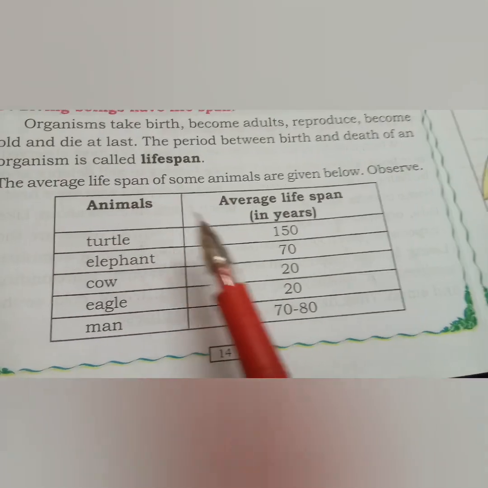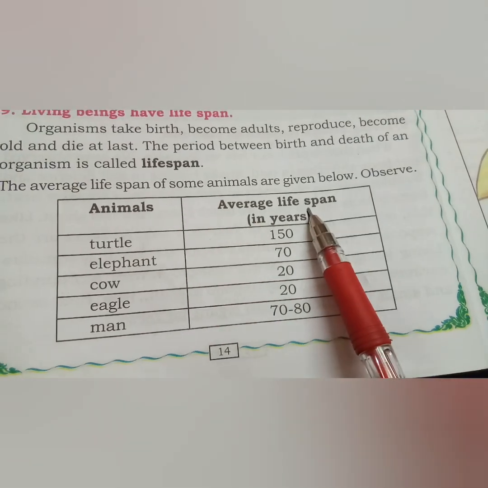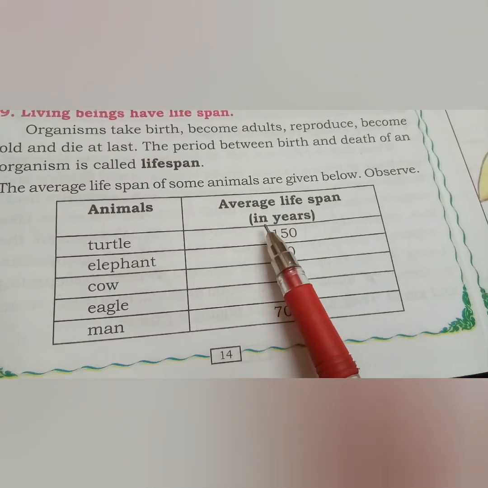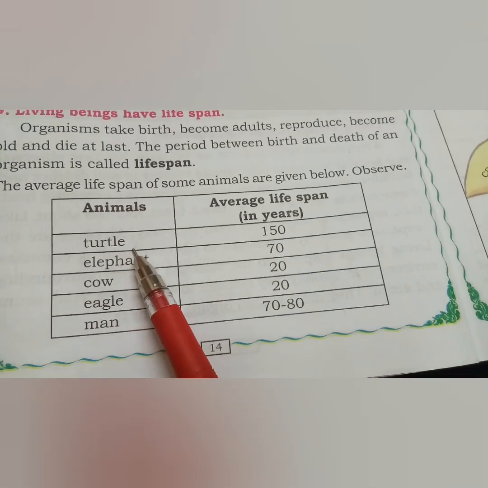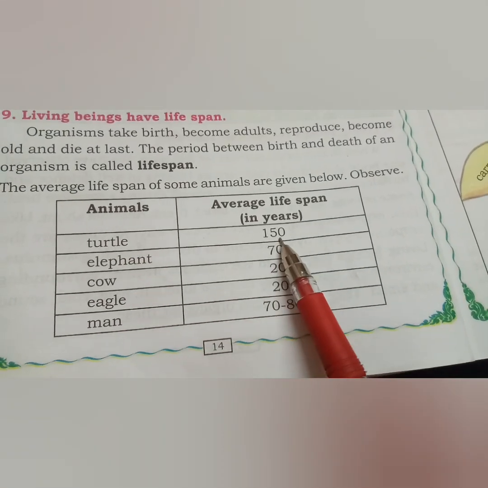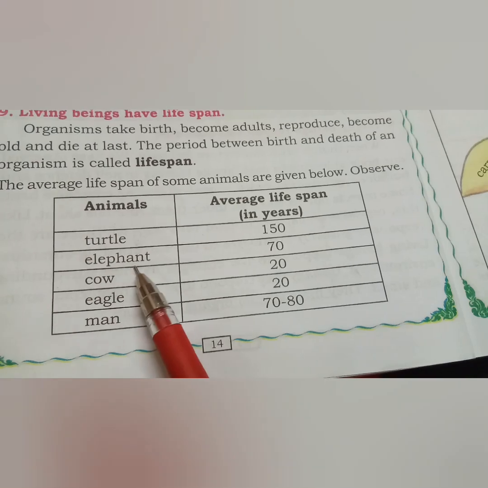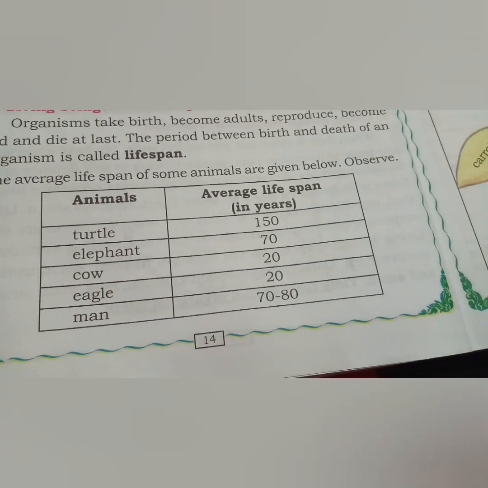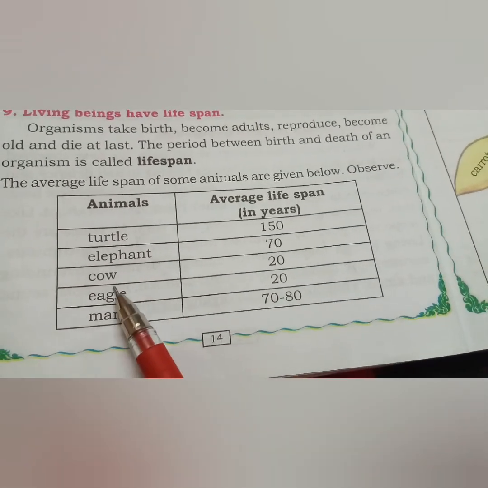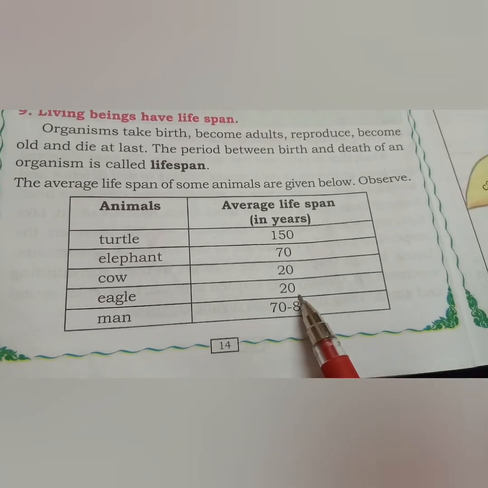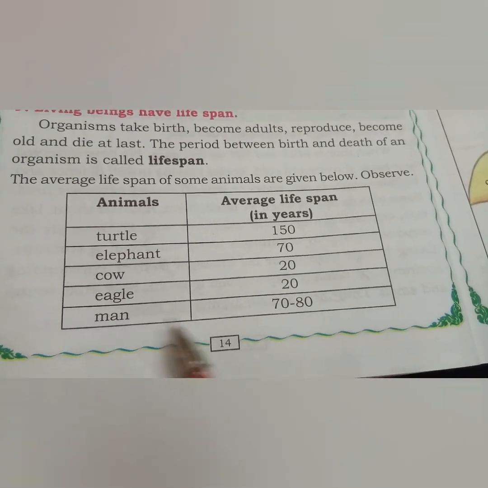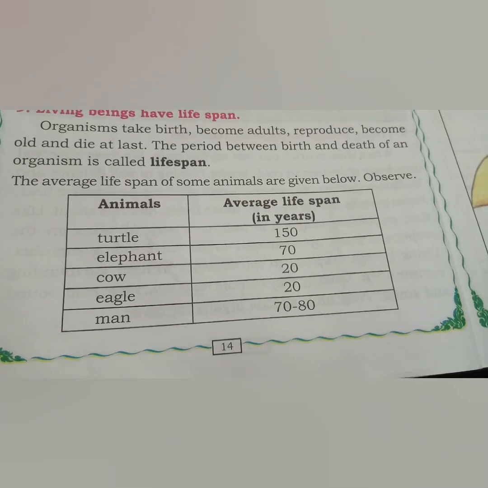Observe this. Animals and its lifespan. Okay, this is an average lifespan in years. Turtle lifespan is 150 years. Elephant, it is 70 years. Next, cow, it is 20 years. Eagle also 20 years. Man, 70 to 80 years. Okay.